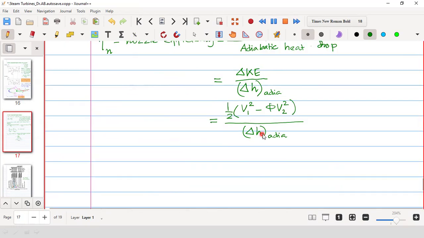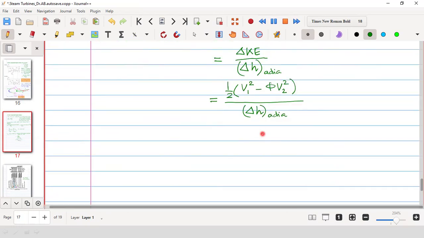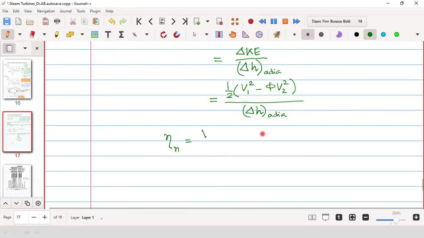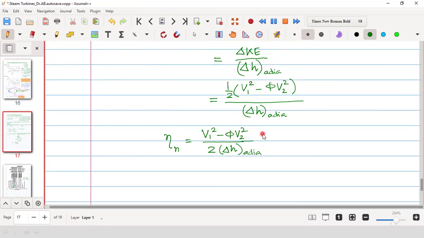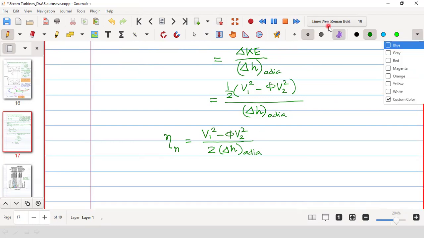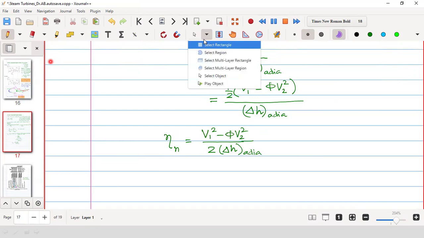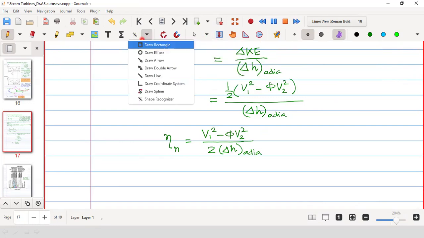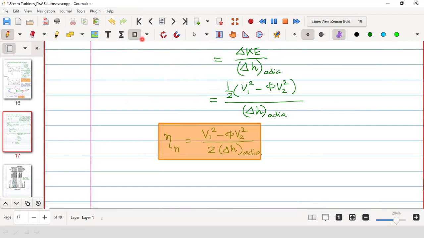Therefore we can write the nozzle efficiency as equal to (V1 square minus phi V2 square) by 2 delta H adiabatic. So this is the nozzle efficiency.